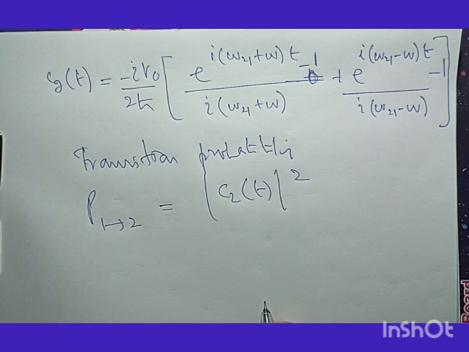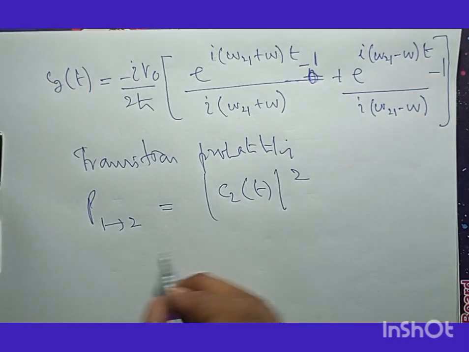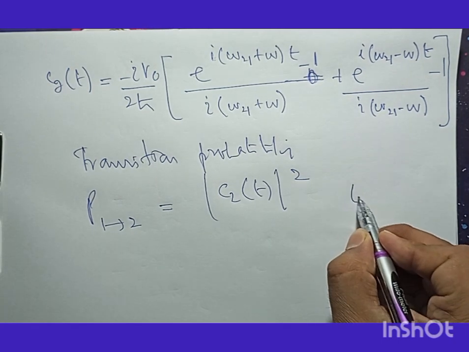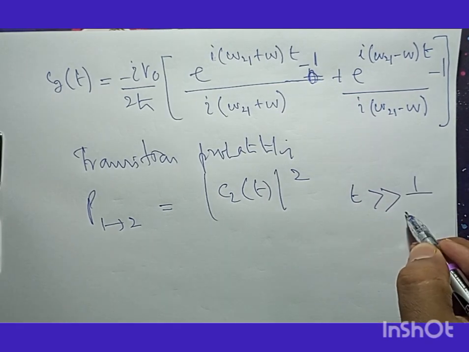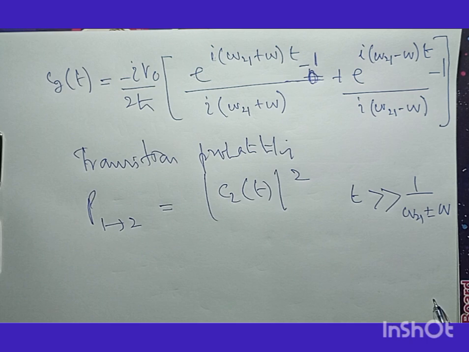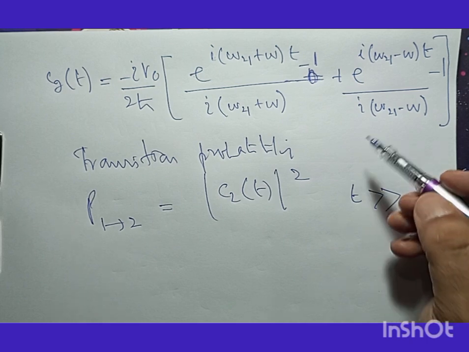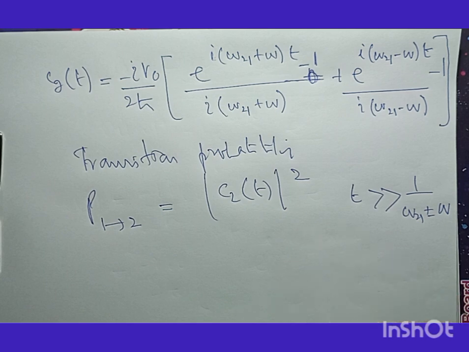For time t large compared to 1 by (omega21 plus minus omega), the rapidly oscillating terms in this equation will average out, and we will get the result.